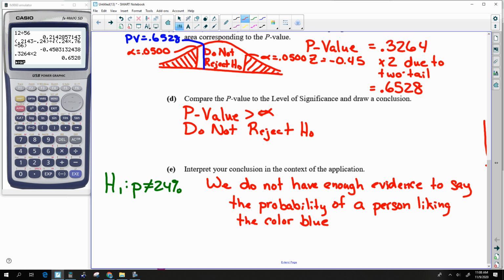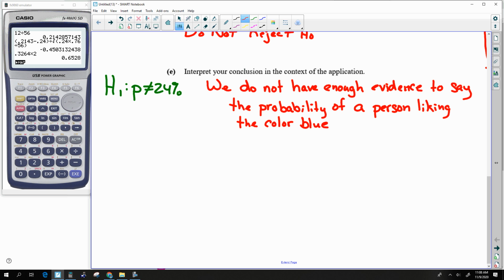As their favorite color, it's implied. Probability, favorite color blue, is not equal to 24%.